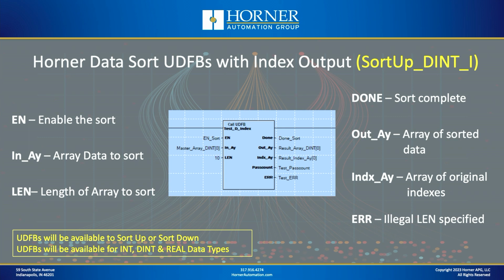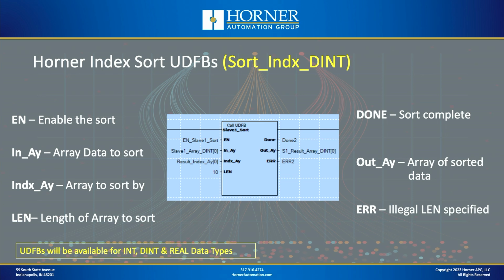This function block looks almost identical to the original ones, but the big difference is instead of having a field on the output side that tells you how many times you pass through to do the sort, instead it has an index array. So there's two arrays as output. An output array of the sorted data, just like before, but also an index array that's an array of the original indexes. So that is the new sort user-defined function blocks with an index output.